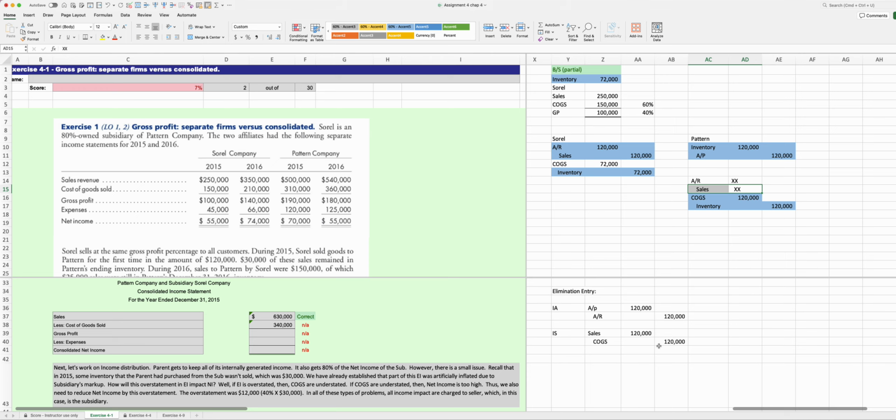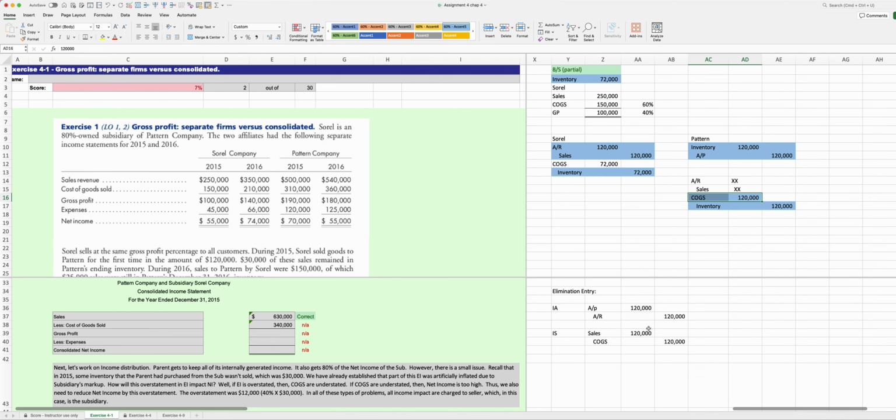So really, this 120,000 we have already eliminated up here, the minus 120,000, and this second part, the cost of goods sold being credited for 120,000, that's what this negative 120,000 was. And I kind of had to go through this whole step to show you why we were subtracting not 72,000 but rather $120,000 in the elimination entries, because this is a valid cost of goods sold, and this is an intercompany cost of goods sold, which we just simply get rid of.